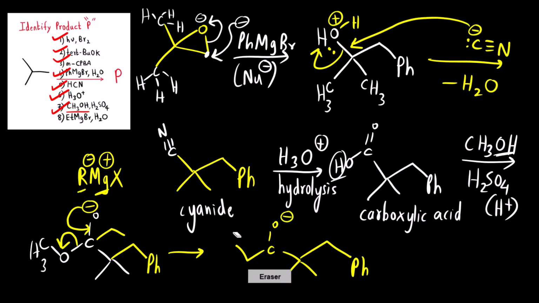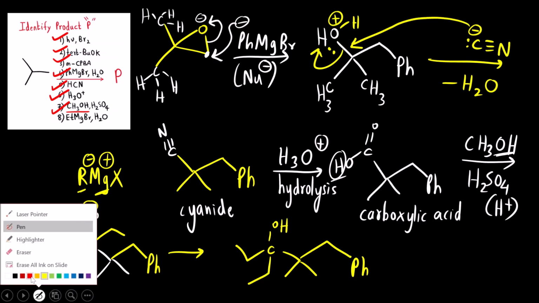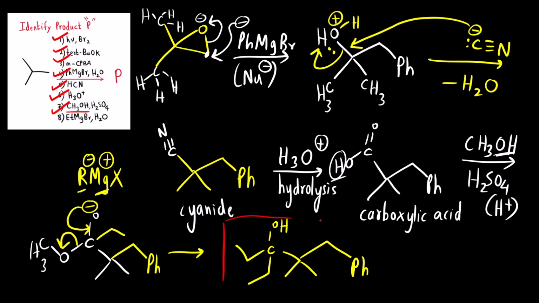Okay, O minus, and one more ethyl group has attached here like this. Now this O minus will react with water, and the final product will be a tertiary alcohol. O minus will become OH. So this is our final product P.